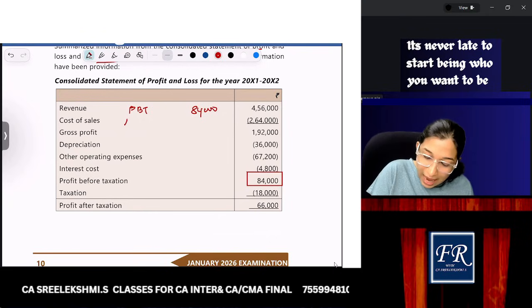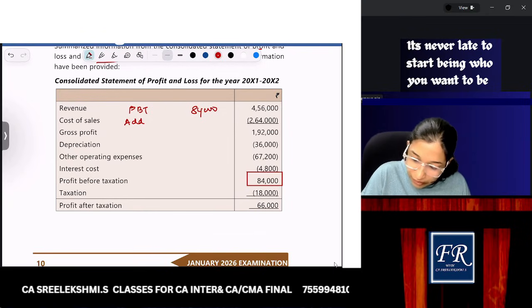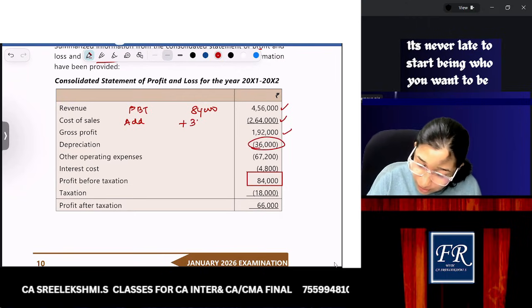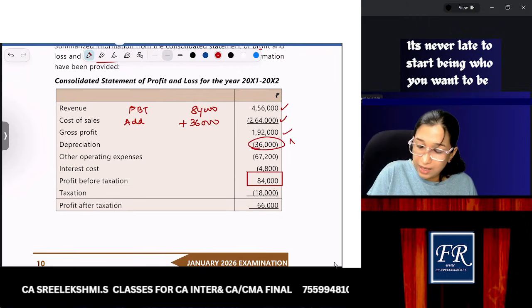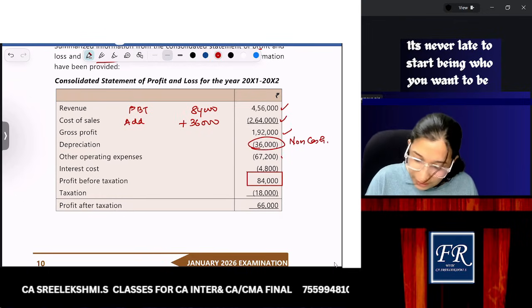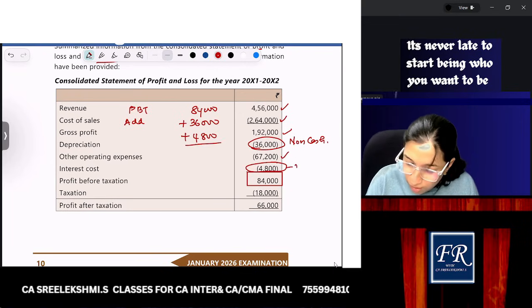Then I need to add back, eliminate. So this I cannot eliminate, this I cannot eliminate, this I cannot eliminate. I should add back 36,000 non-cash. This is operating expenses. I should add back 4,800. Why? Non-operating.